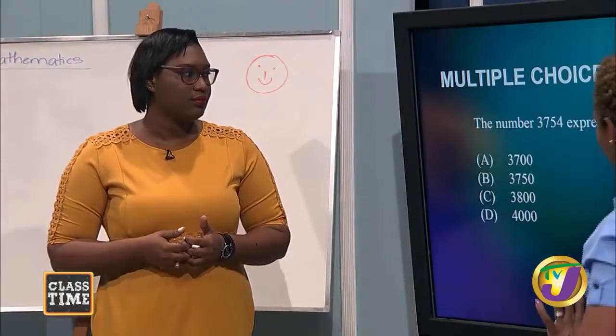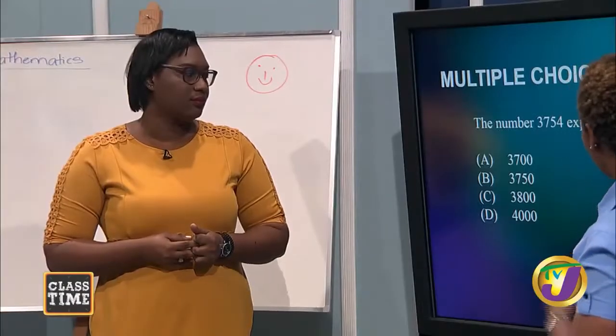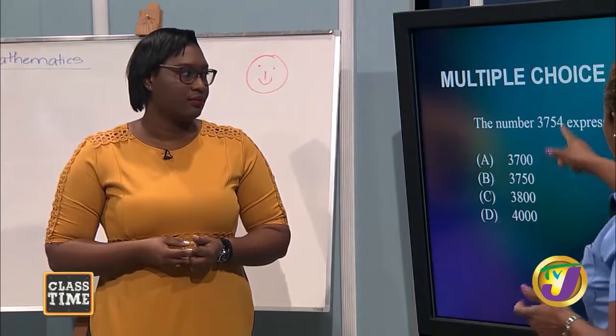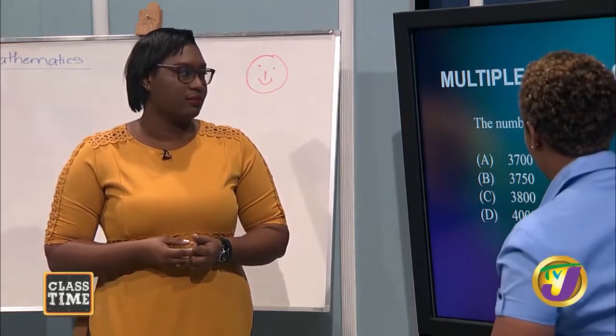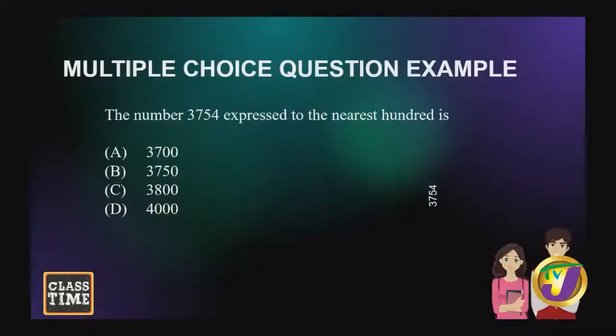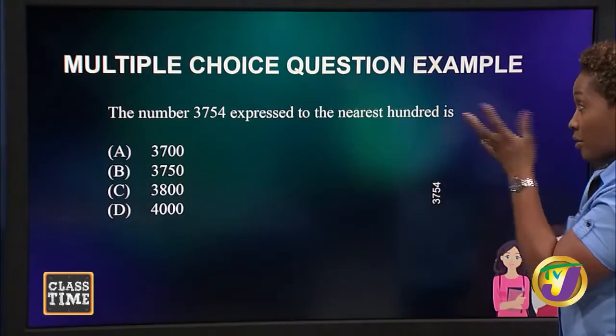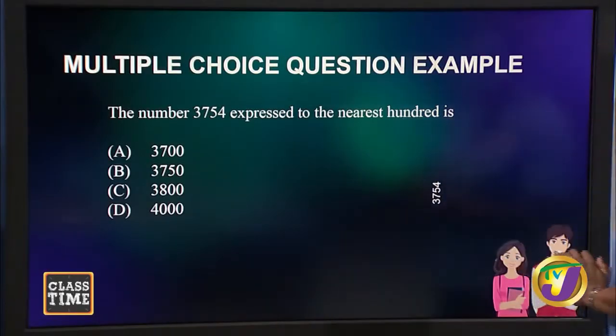So I'm in my 100 place, which is 7. Let me look at my 10th place, I have 5. 54, I could round that up to 100. It's closer to the next 100.